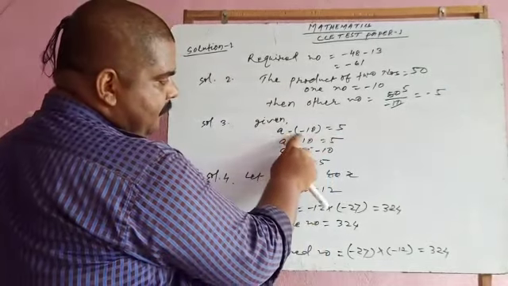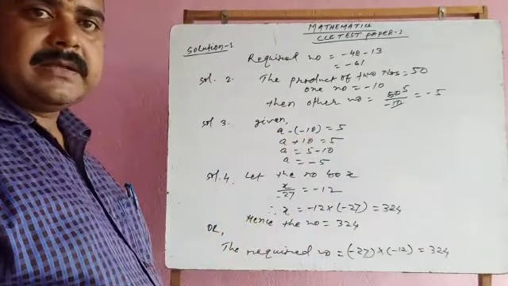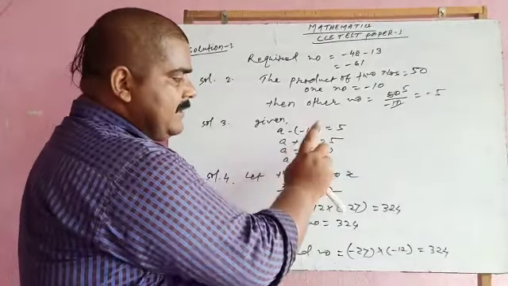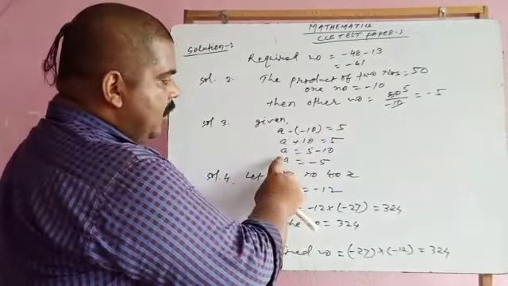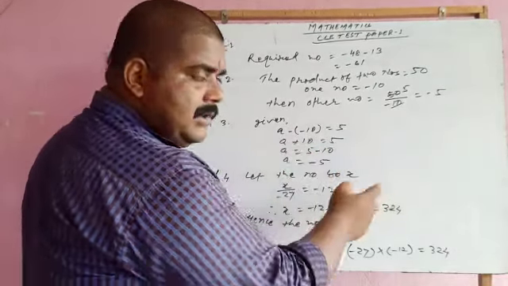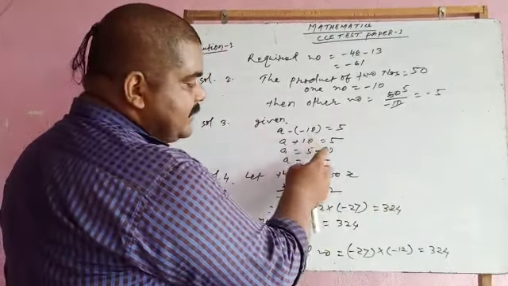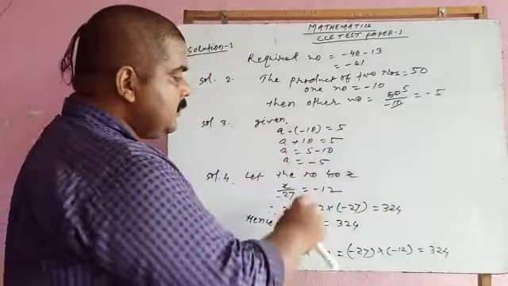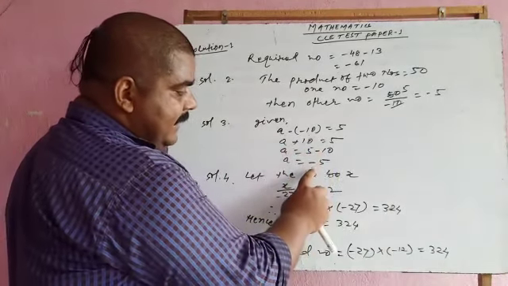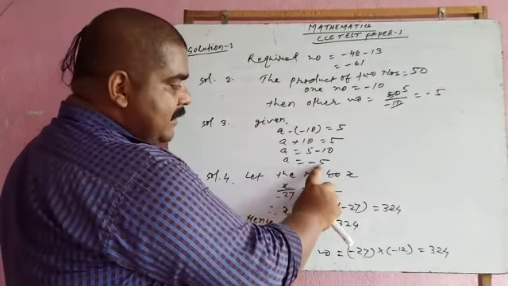You know very well that minus minus converts into plus, so a plus 10 is equal to 5, and now a is equal to 5 minus 10, because by transposing, plus changes into minus. 5 minus 10 is equal to minus 5. So its answer is minus 5.